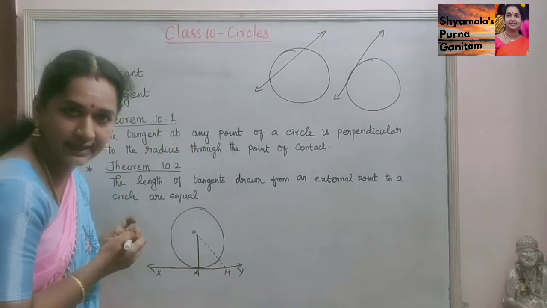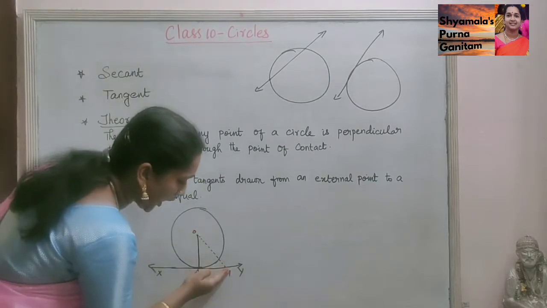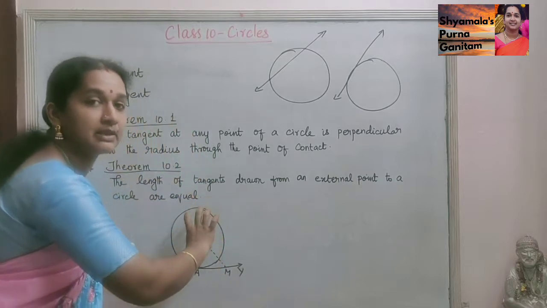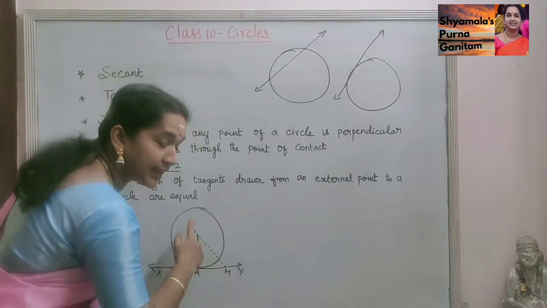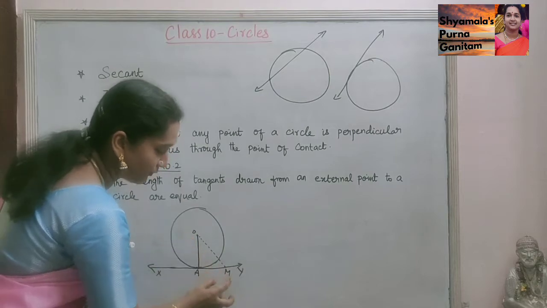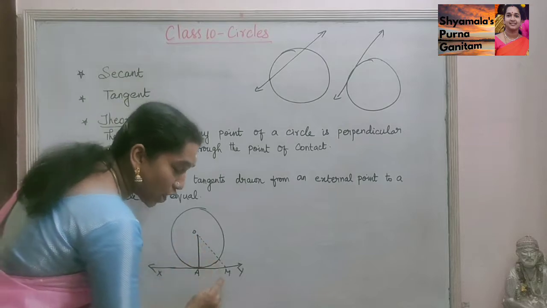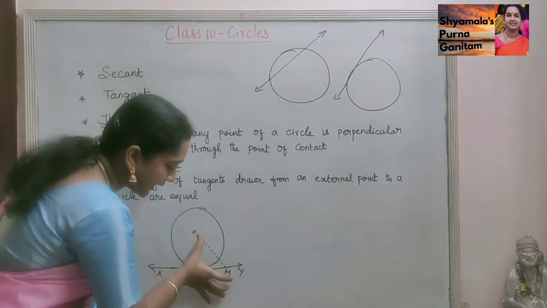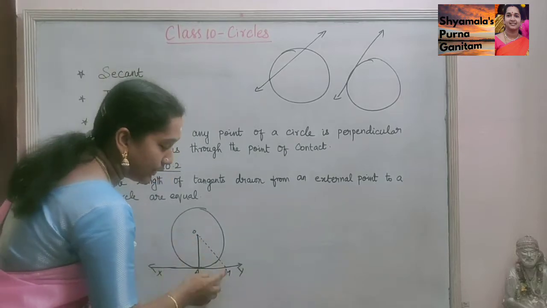Why? Because OA is the radius, with the help of which we draw the circle. If the point is farther than that, the radius will definitely be the shortest one. So OM will be greater than OA.